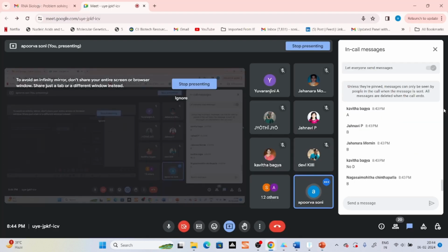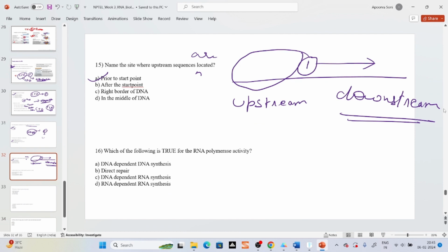Now just to understand this, you might have studied bioprocess technology. In bioprocess technology we have something known as downstream processing. Downstream processing occurs after our product is formed, and whatever we do before the product is upstream processing. Down means after, so with the same analogy it should come after the start site.